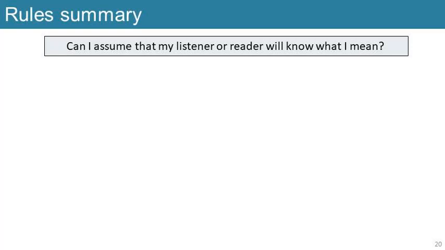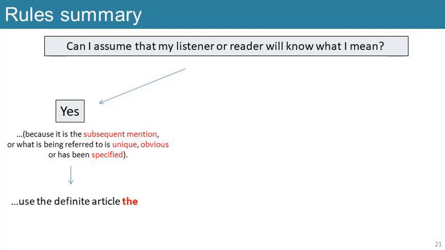We can summarize the rules in a different and simpler way in a flowchart, starting with the question, can I assume that my listener or reader will know what I mean? If yes, because it is the subsequent mention or what is being referred to is unique, obvious, or has been specified, then use the definite article the.